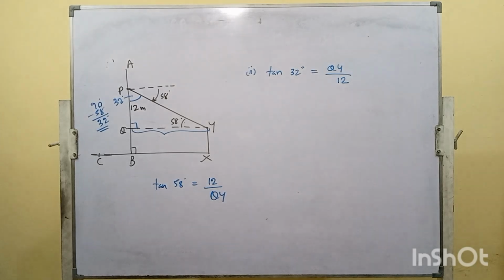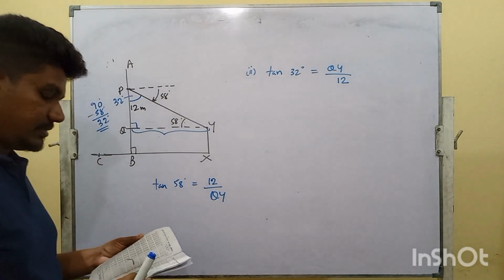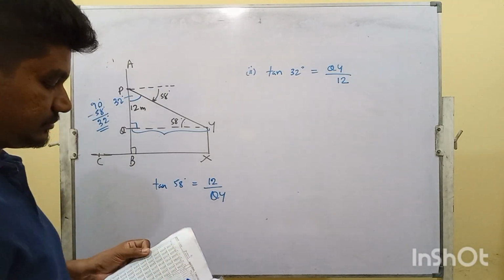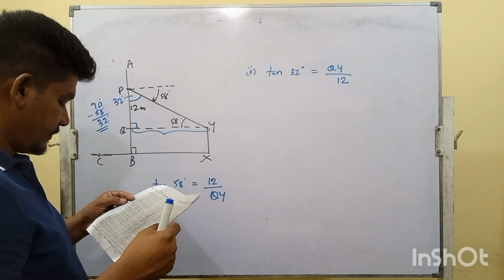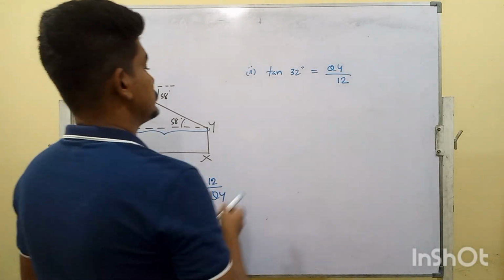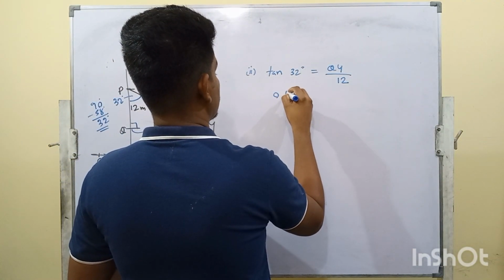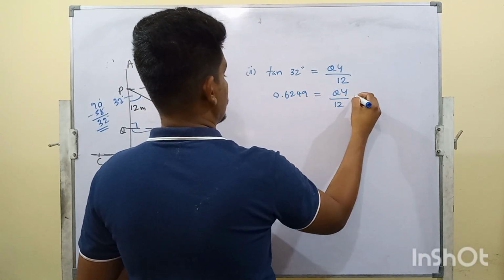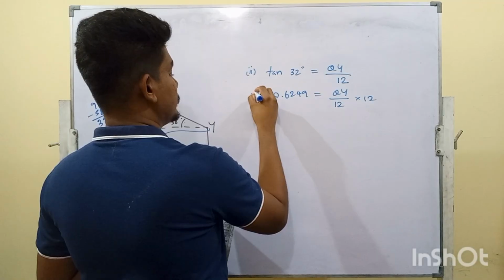Right, so we have to find tan 32 from the natural tangents table. Natural tangents table, tan 32 is 0.6249. You can times it by 12.